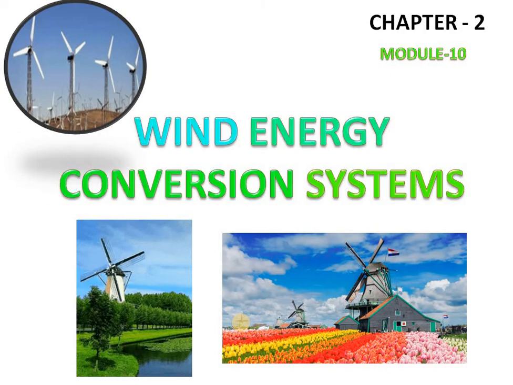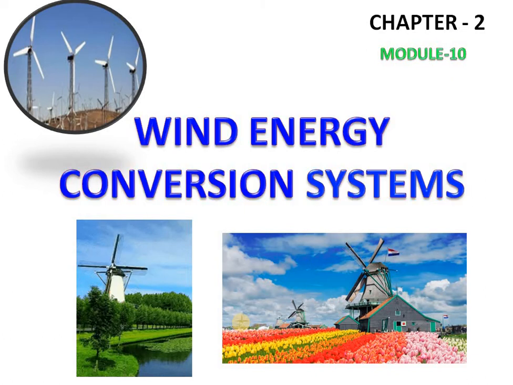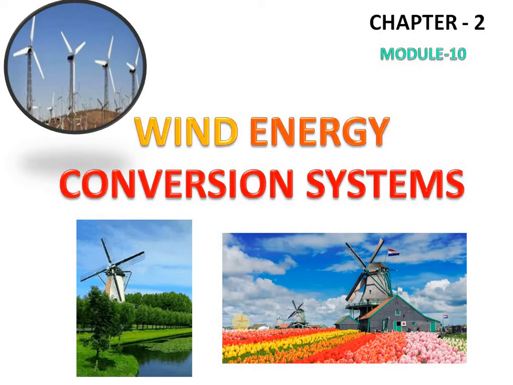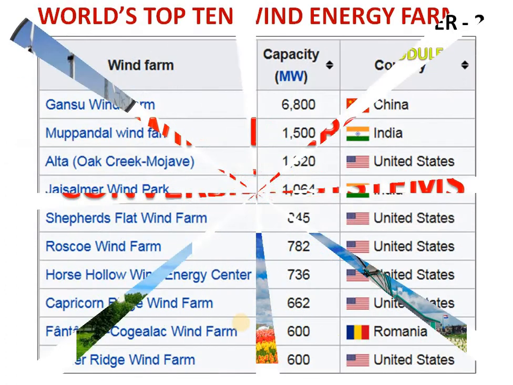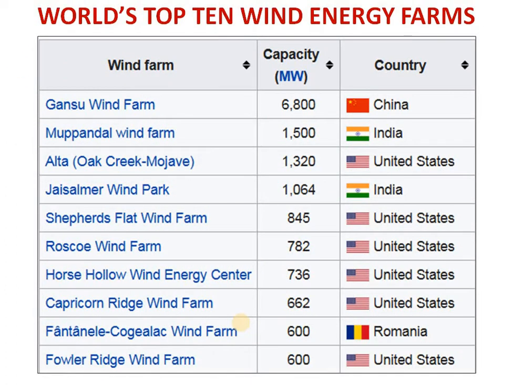In WECS, W is for wind, E for energy, and C for conversion system. There are innumerable ways by which wind energy can be converted into other forms of energy, and you will see them one by one. Before that, let us look at the relevance of wind energy conversion systems.